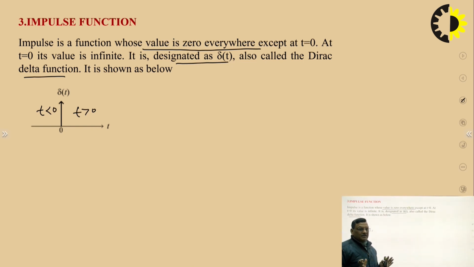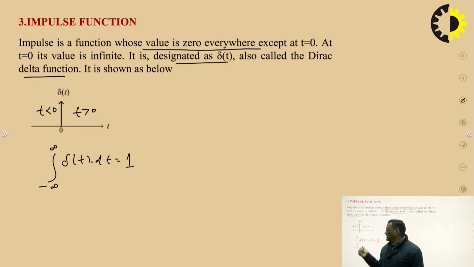Everywhere its value is 0 except at t equal to 0, where its value is infinite. So how will we define this? If you integrate from minus infinity to infinity delta(t) dt, its value is 1. So mathematically we can define the impulse function like this. In physical realization, we just realize a unit area impulse function, or you can say the unit impulse function.